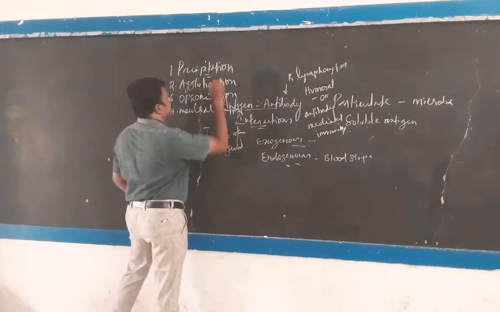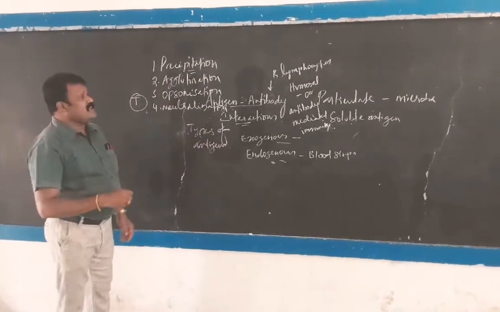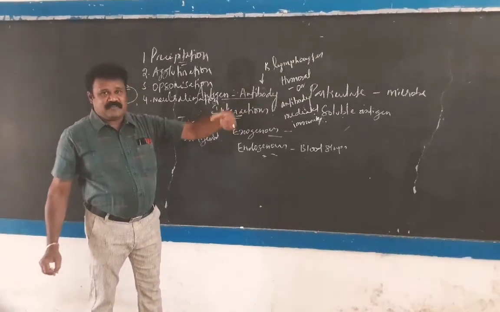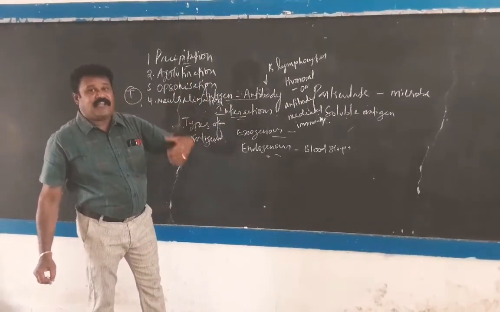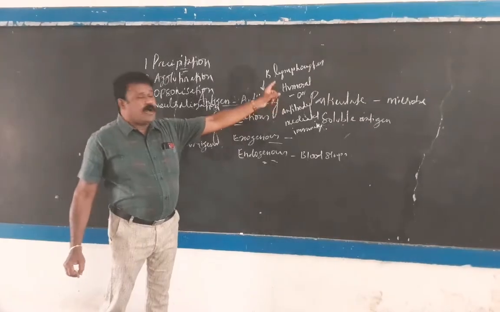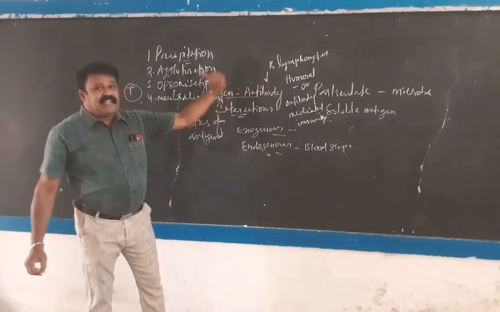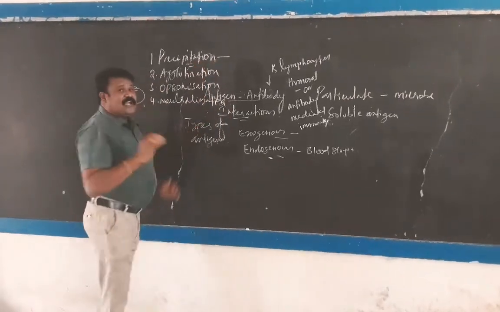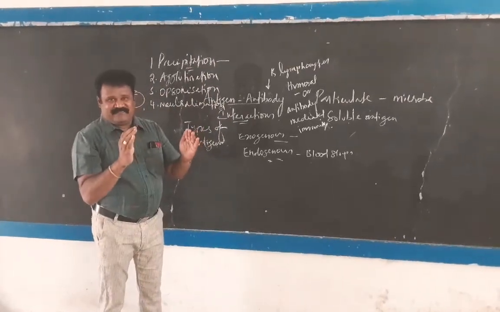First one is precipitation. If the entering antigen is a soluble antigen, already I told you what a soluble antigen is, the antibodies will precipitate them.